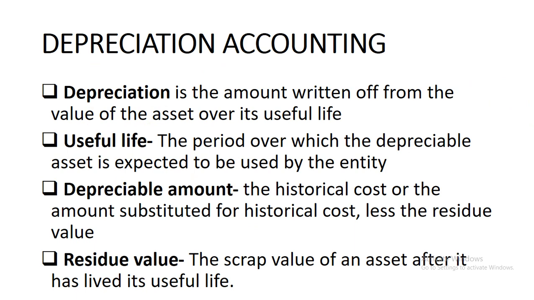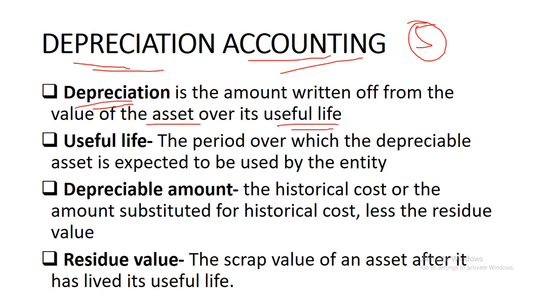So now, assets, as I already outlined, when you buy an asset, it has to be depreciated over its useful life. So how long we're having it in the business is the period over which we need to depreciate it. In simple terms, depreciation is the amount written off from the value of the asset over its useful life. I've already explained this. An asset has its useful life.